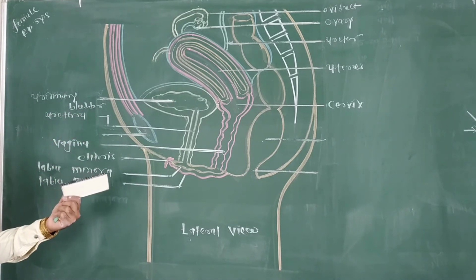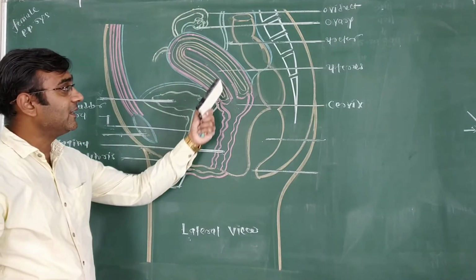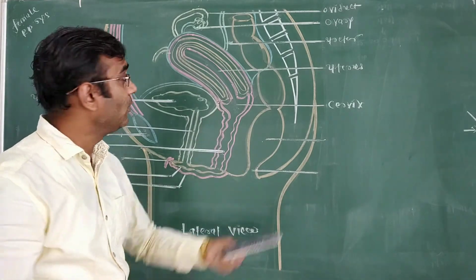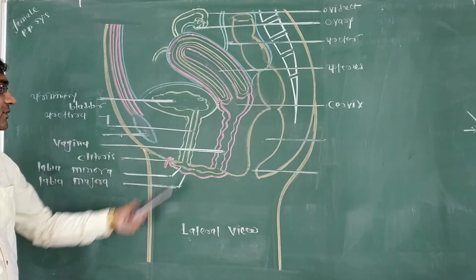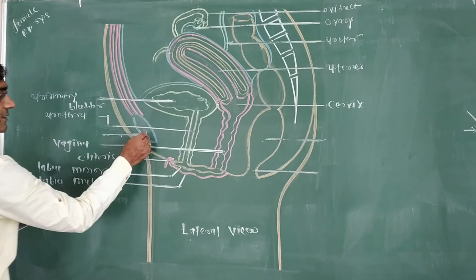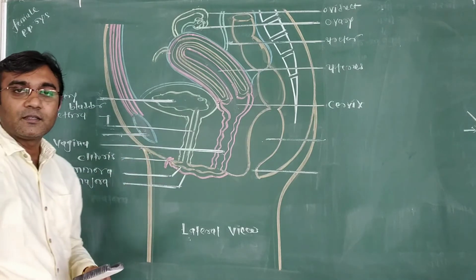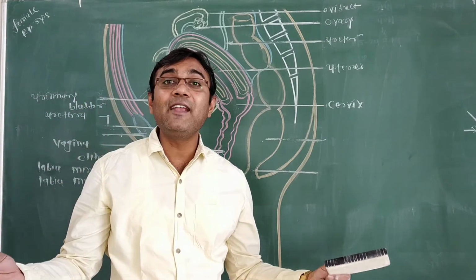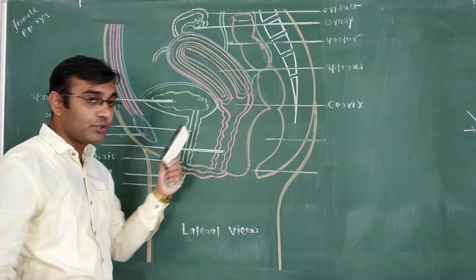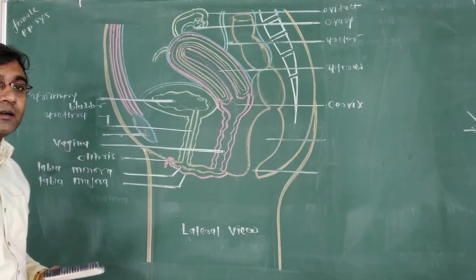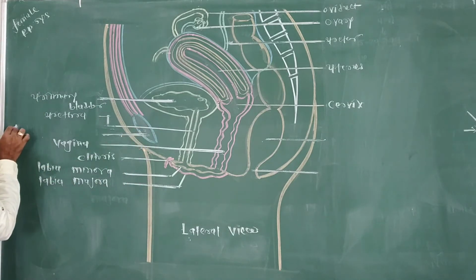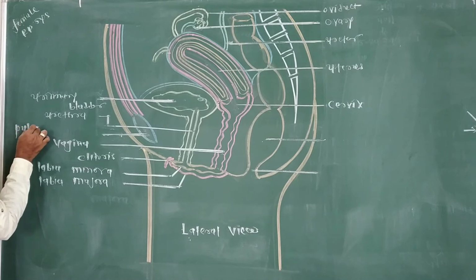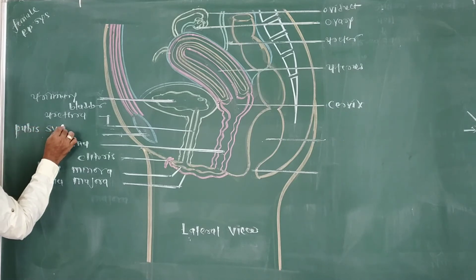So along with the female reproductive system, we can also see the accessory excretory organs: the ureter, urinary bladder as well as the urethra. This is the white fibrocartilaginous tissue joining the two pelvic girdle bones, the coxal bones, and that is the pubic symphysis.